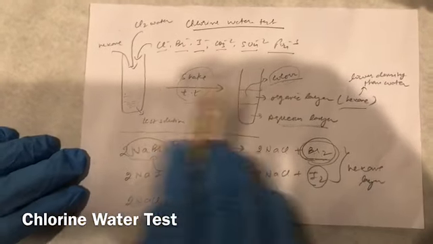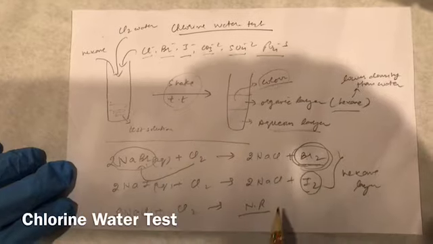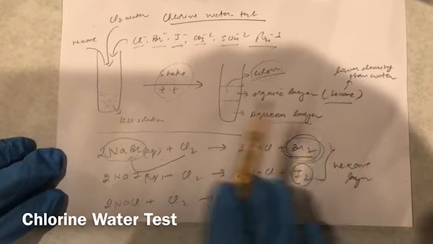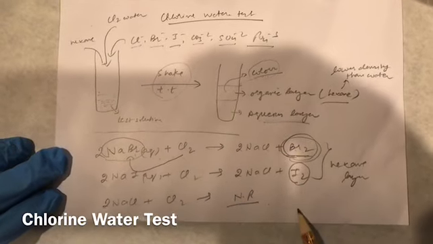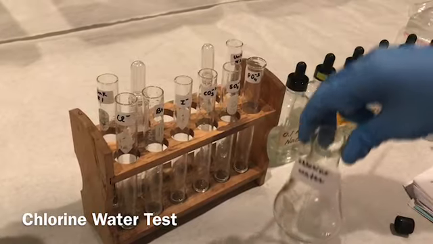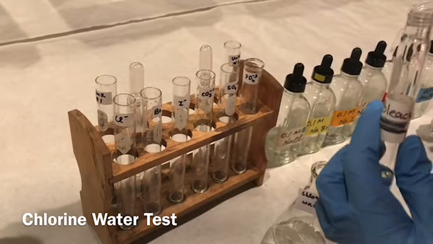So try to apply this concept when you record the observations for the chlorine water test for these 6 anions. Okay, now I am going to add the chlorine water into all the 8 test tubes.